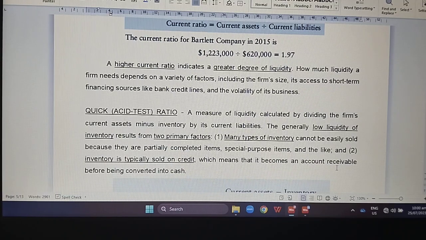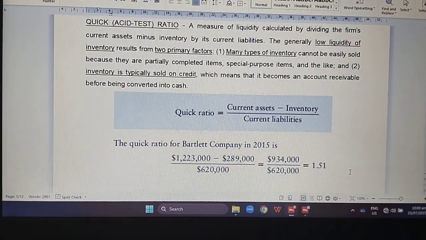Many types of inventories cannot be easily sold because they are partially completed items. No? May mga special purpose items. 2. Inventory is typically sold on credit, which means that it becomes an accounts receivable before being converted into cash. So, ito naman yung kanyang computation.